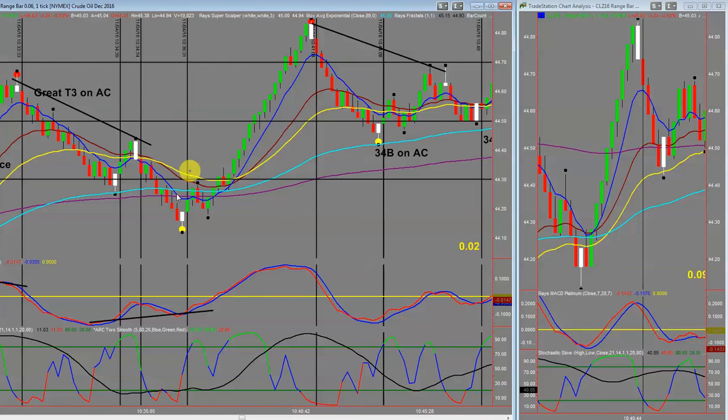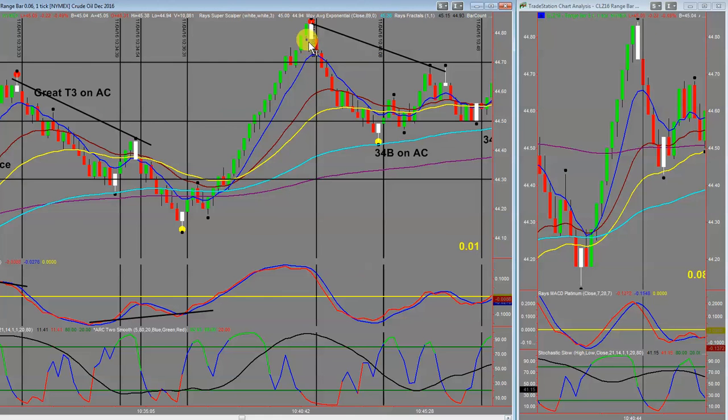You'll even see me mark up on my own charts that I didn't get in, or I couldn't trade it, it was too fast. You'll see a lot of these on oil where they move very quickly, and you look back and say, wow, 10 out of 10 for all of these T3s, every one of them made money. Well, you may find that 2 of them you just couldn't get in, they moved too quickly.